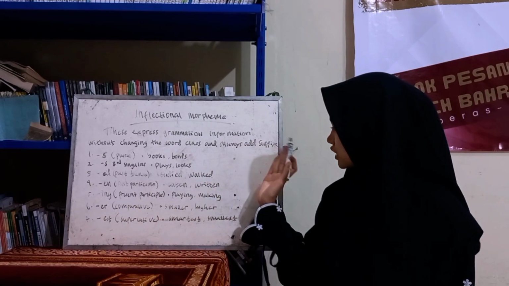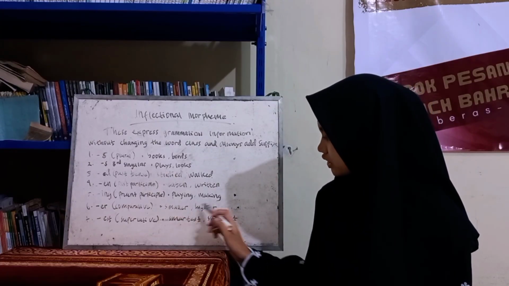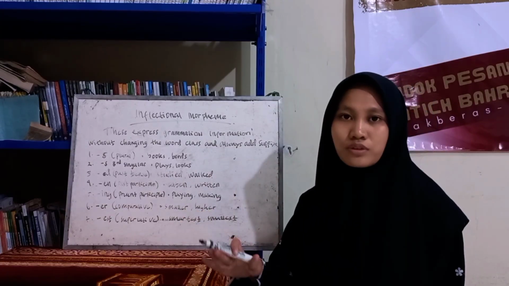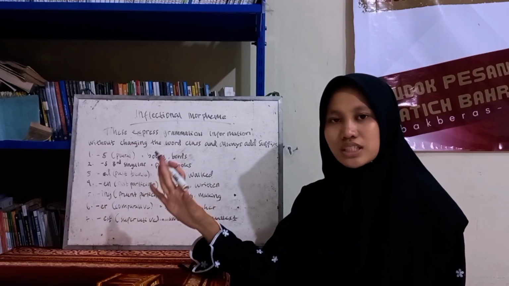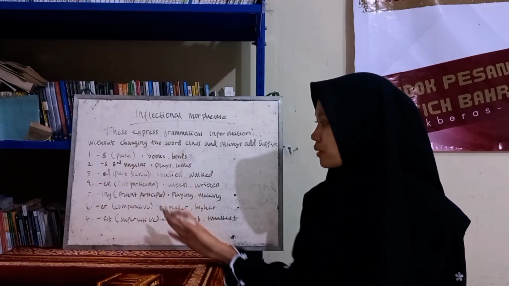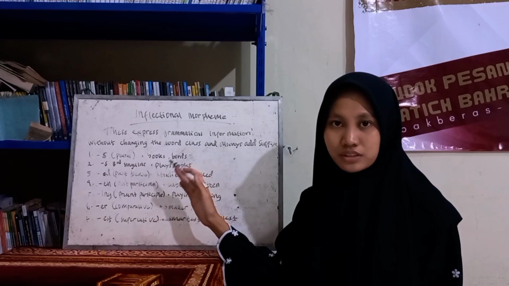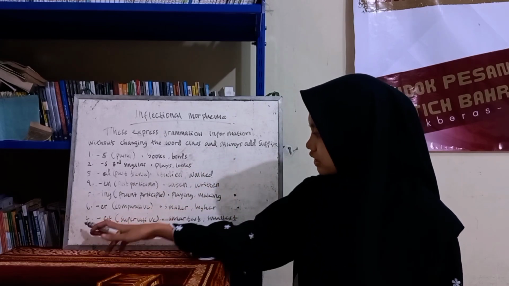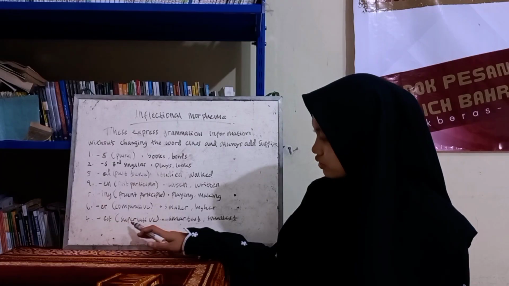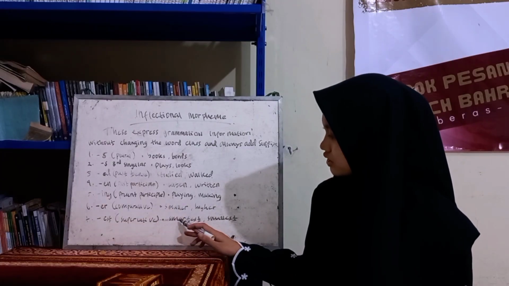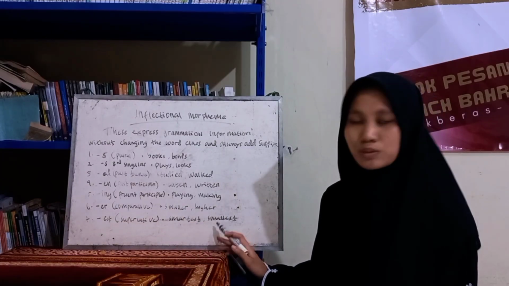The suffix here is ER. From small become smaller. Small is a free morpheme, smaller is a bound morpheme. And next, the last is EST for superlative. Example, smartest and smallest.